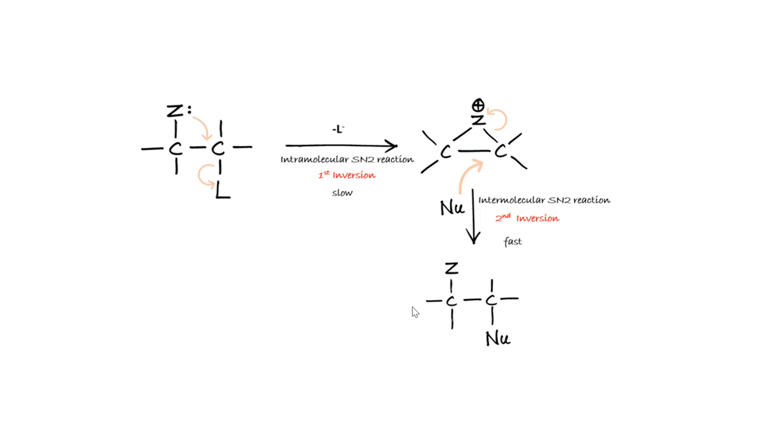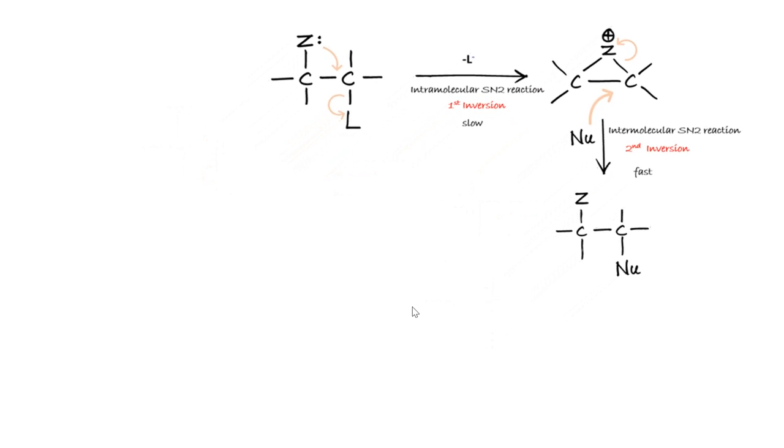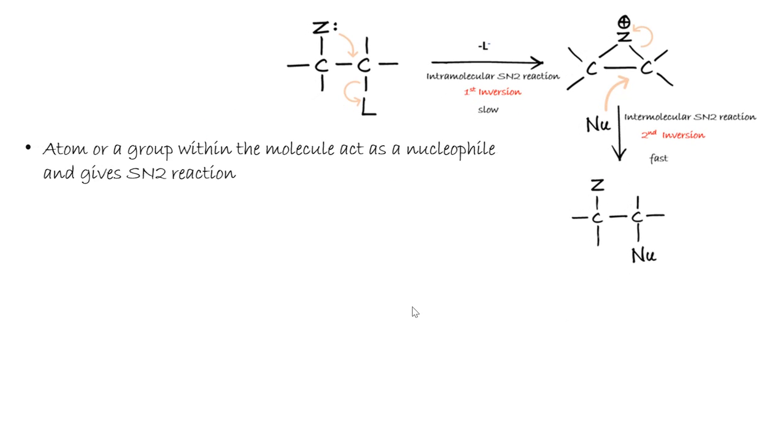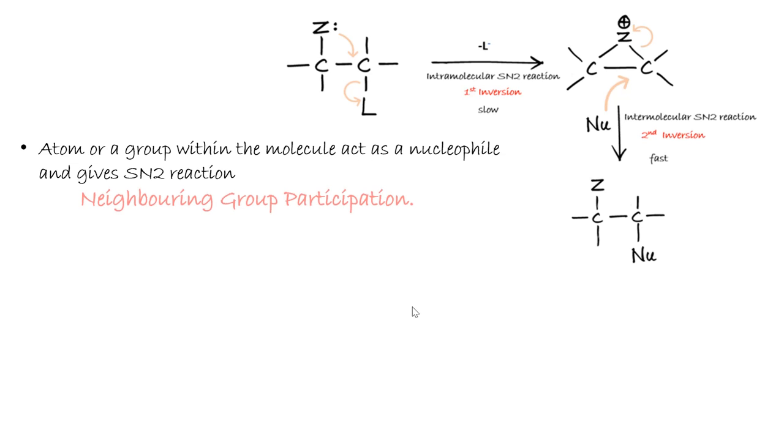In normal SN2 reactions, the external nucleophile plays an important role, but in case of NGP, the neighboring group participant plays an important role. So the main point about NGP is that an atom or a group within the molecule acts as a nucleophile and gives an SN2 reaction. So we can call it neighboring group participation. Here this atom means any atom which contains a lone pair of electrons, or it may be a pi bonding system, or a sigma bonding system.